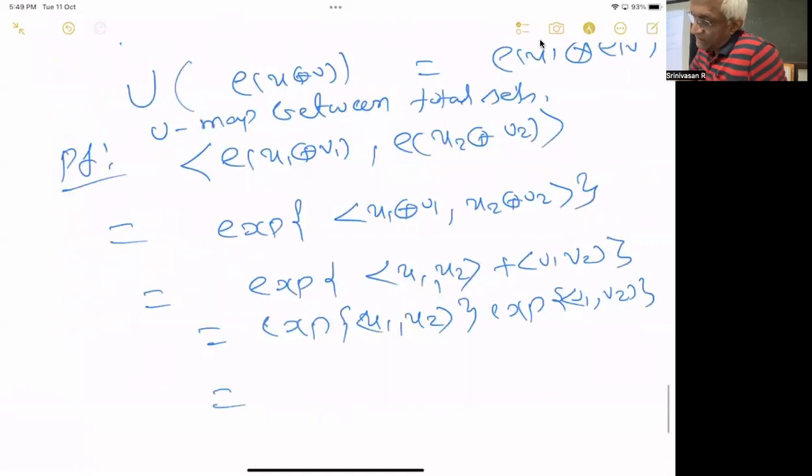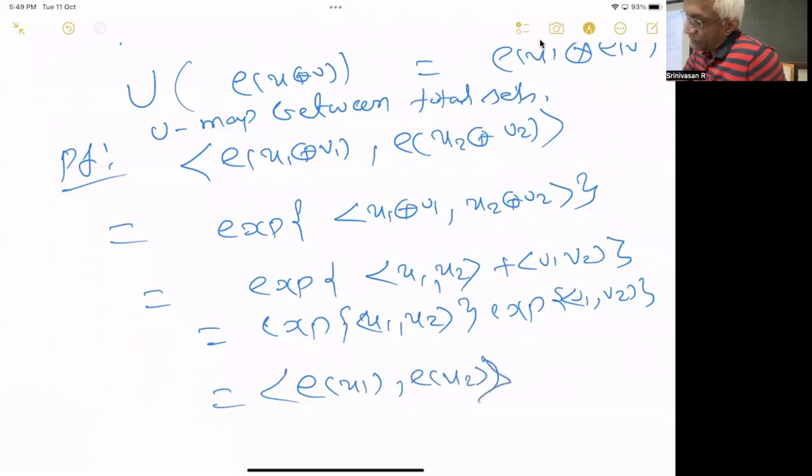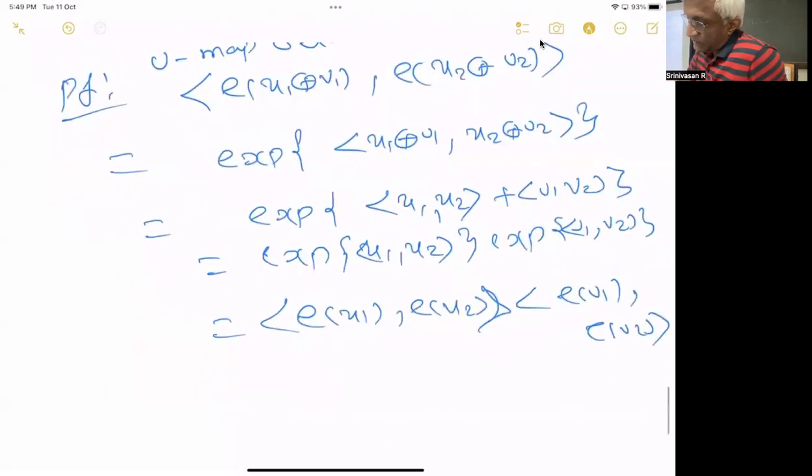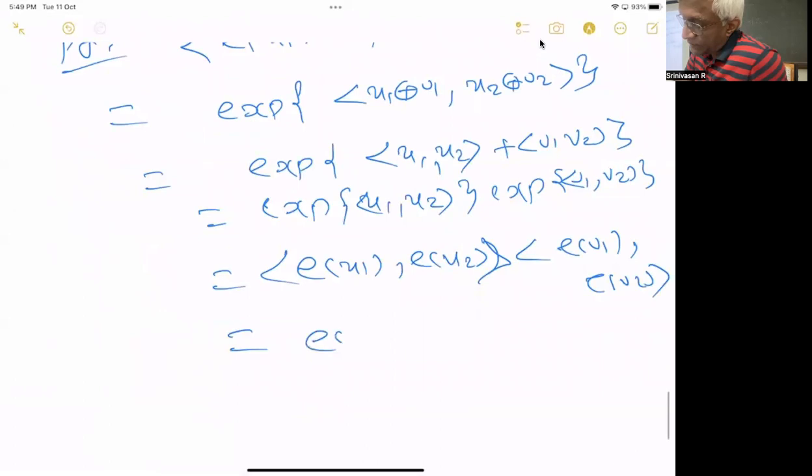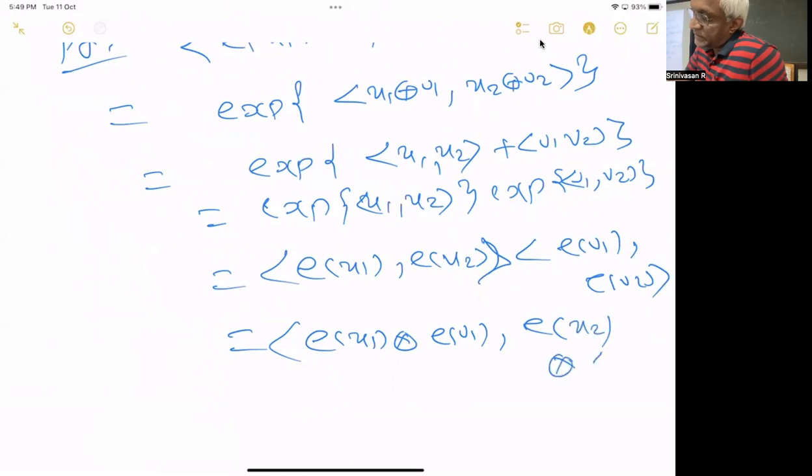But then we know that this is equal to the inner product of E of U1 with E of U2 times that of E of V1 with E of V2, which is the same as the inner product of E of U1 tensor E of V1 with E of U2 tensor E of V2.